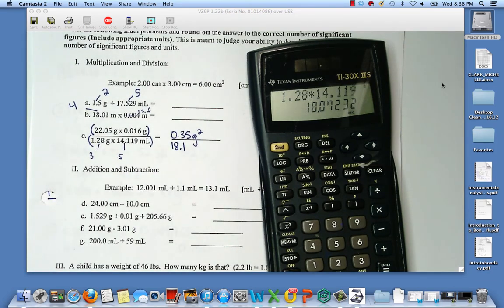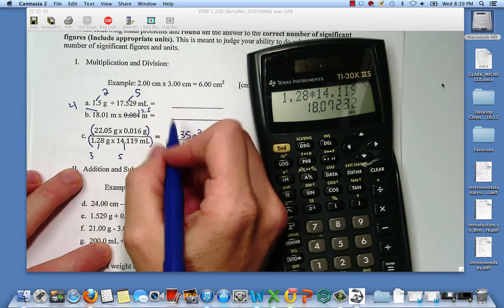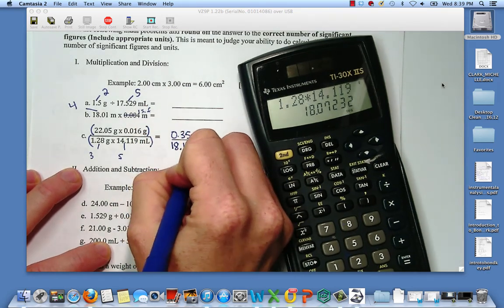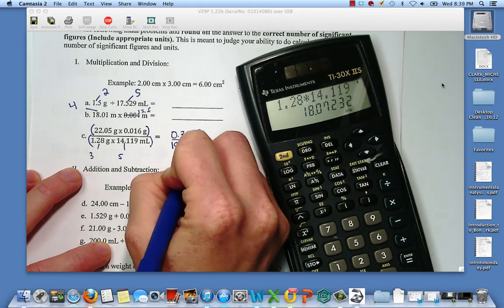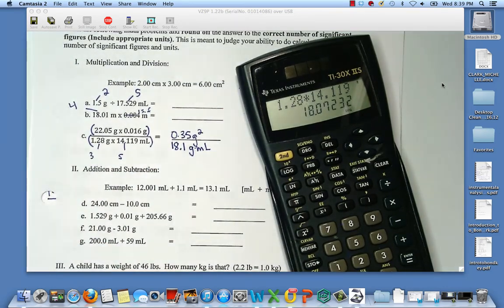Is it grams per milliliter or grams milliliters? Grams milliliters. Yes, these are multiplied. You hear density a lot, grams per milliliter, so that's what you're thinking of, but here there's a dot between them. What kind of unit is that? Gram milliliter. It's crazy. We'll keep going.